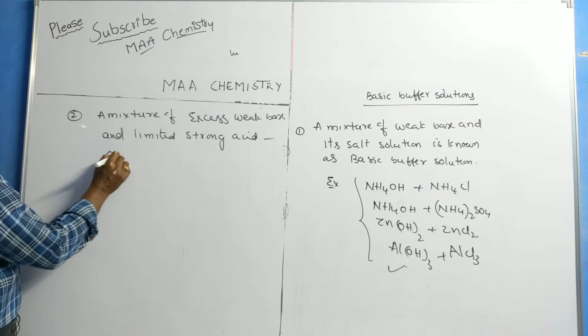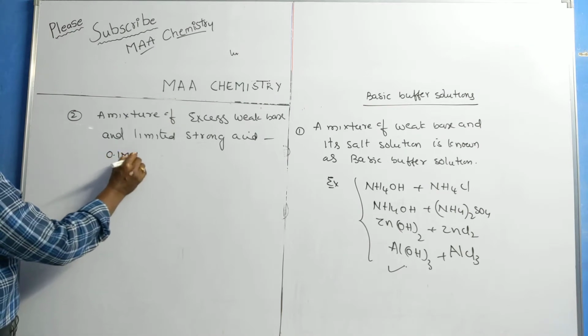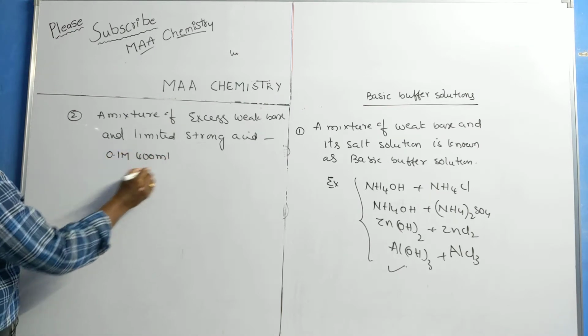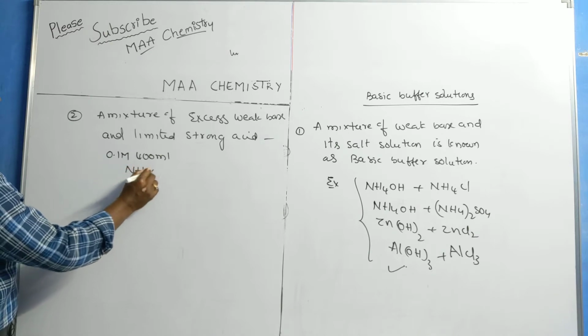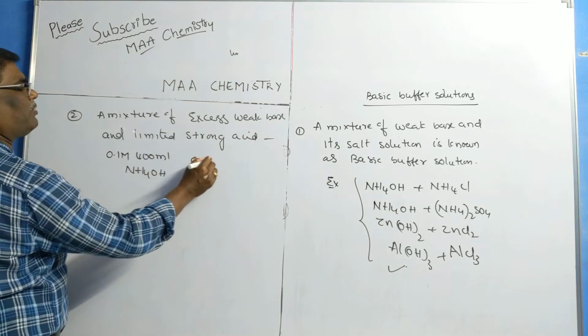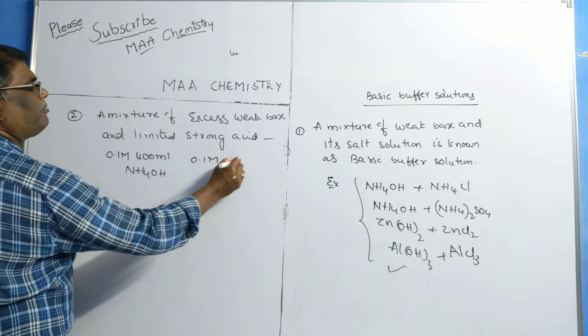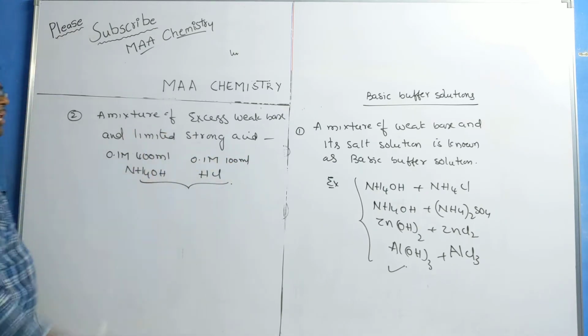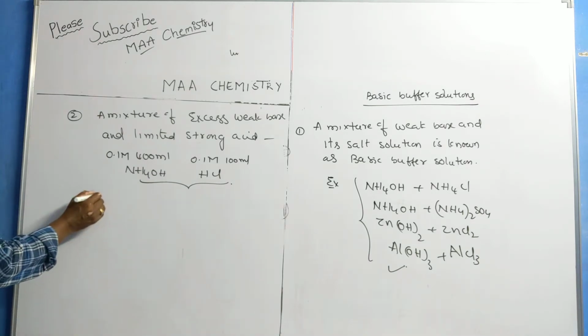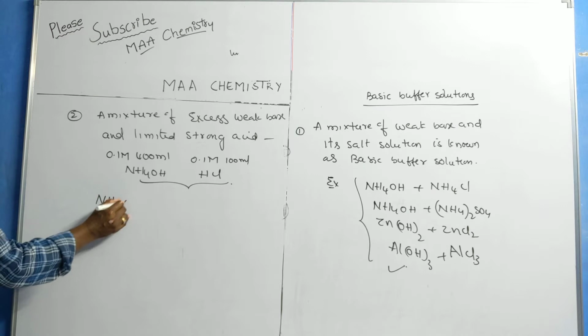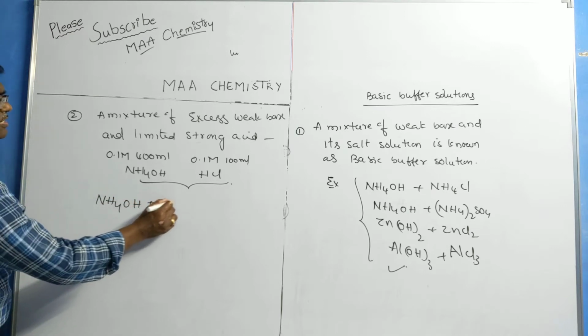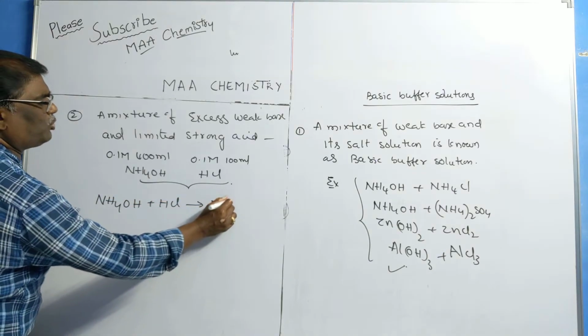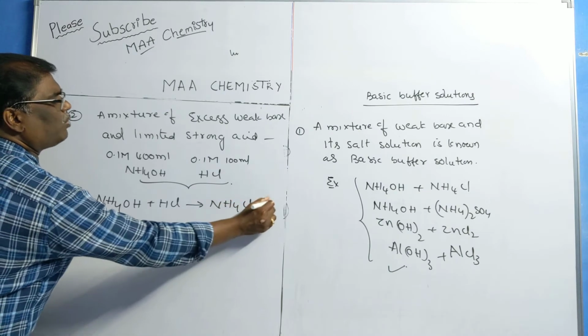Example, I am taking 0.1 molar 400 ml of ammonium hydroxide and 0.1 molar 100 ml of HCl. This mixture is also taken as the basic buffer solution. For this one I will give the explanation. Ammonium hydroxide reacts with HCl to form the salt ammonium chloride and water.